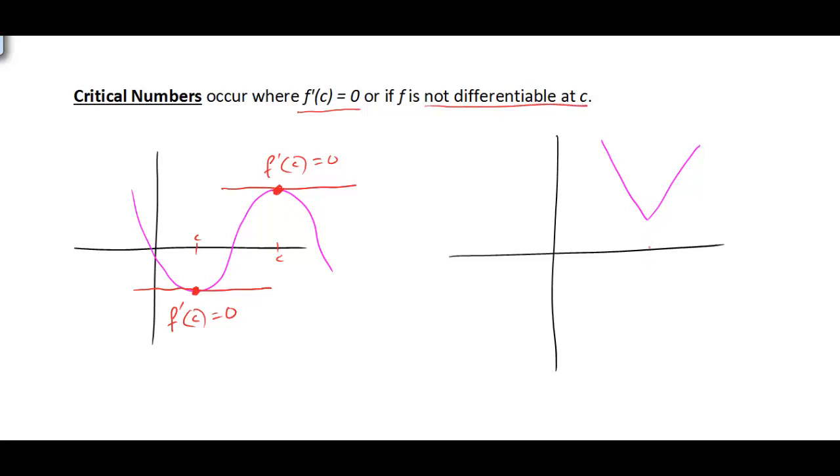Well, in the second graph, notice this point here. Do you recall why this point is not differentiable? Here we have a sharp turn in the graph, and our function is not differentiable at this point. So this would also be a critical number.